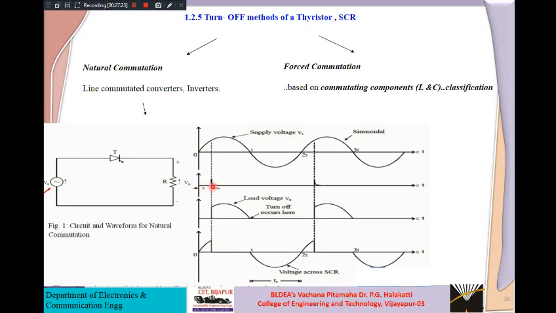From during this instant your SCR is off, because we apply the gate at the time t equal to alpha. So during this instant your SCR is still off, and you can see all the input voltage whatever you are applying is appearing across the SCR, because SCR is in the blocking state, it is open.